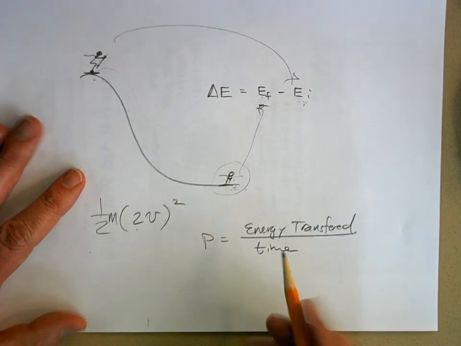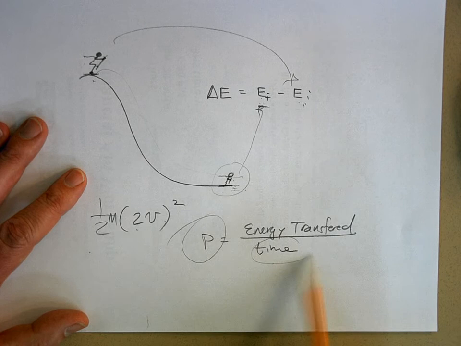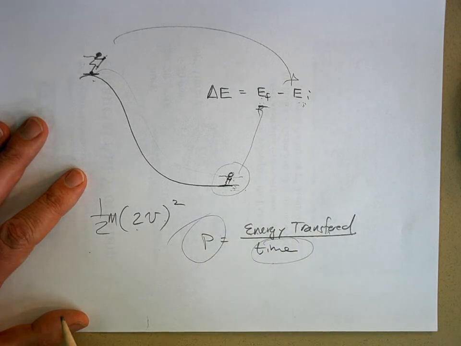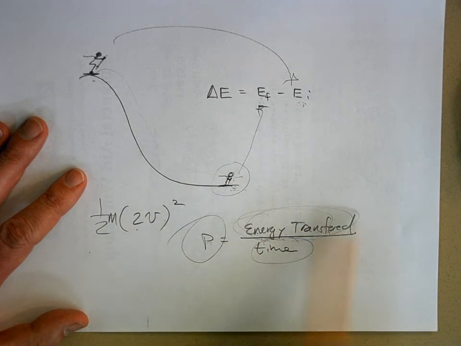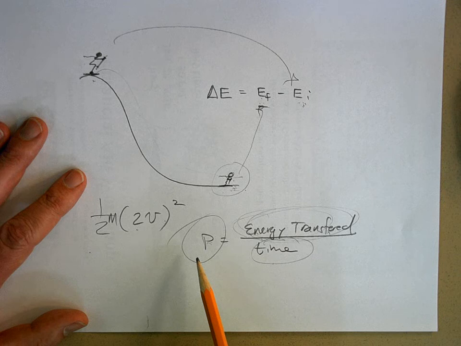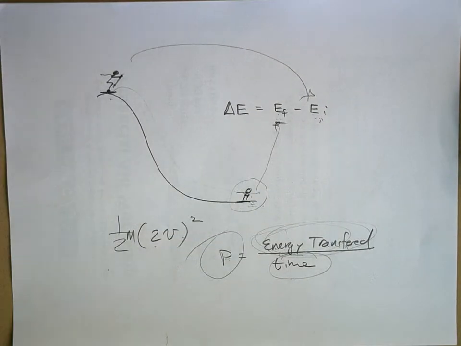So if I give you the power and I give you the time, you can figure out how much energy got transferred, how much work was done by the motor or whatever. Right? And this can be energy transferred, it can be work. Okay, I think we've covered it pretty well.